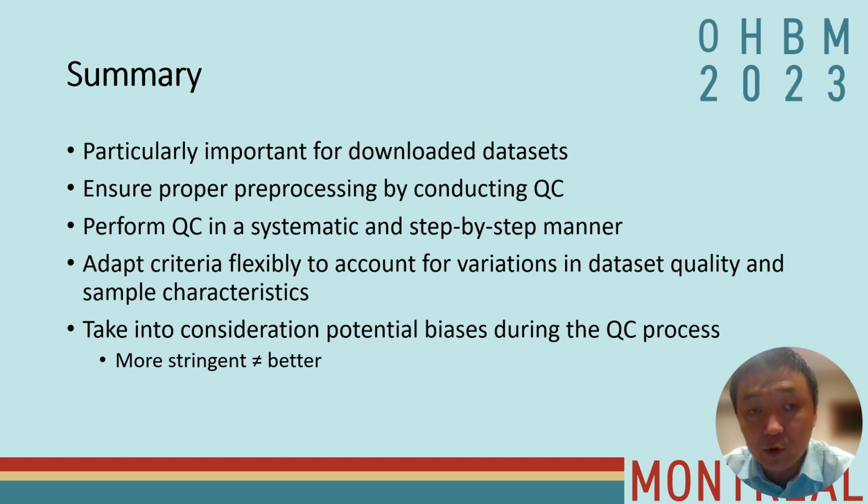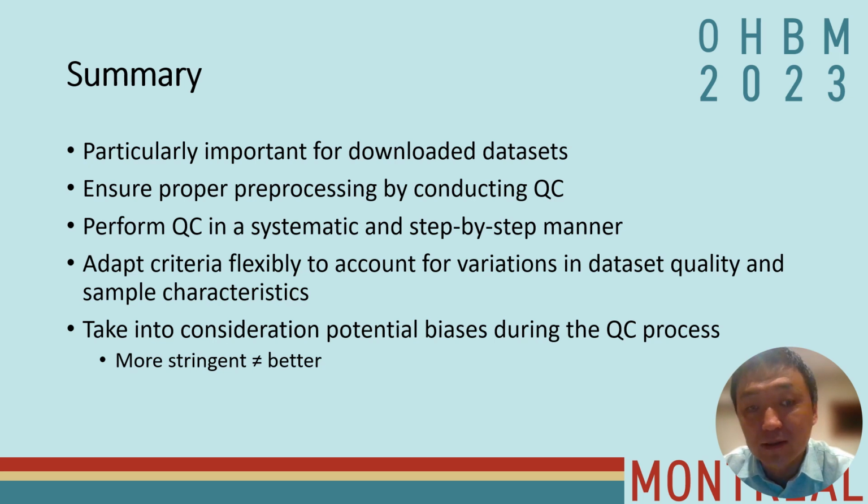be run smoothly. Also, it is very difficult to predefine a certain threshold to remove subjects or time points, because we know that data quality or sample characteristics vary greatly across different sources or samples. Therefore, we need to check the overall distribution of these characteristics in order to determine a threshold to remove subjects.